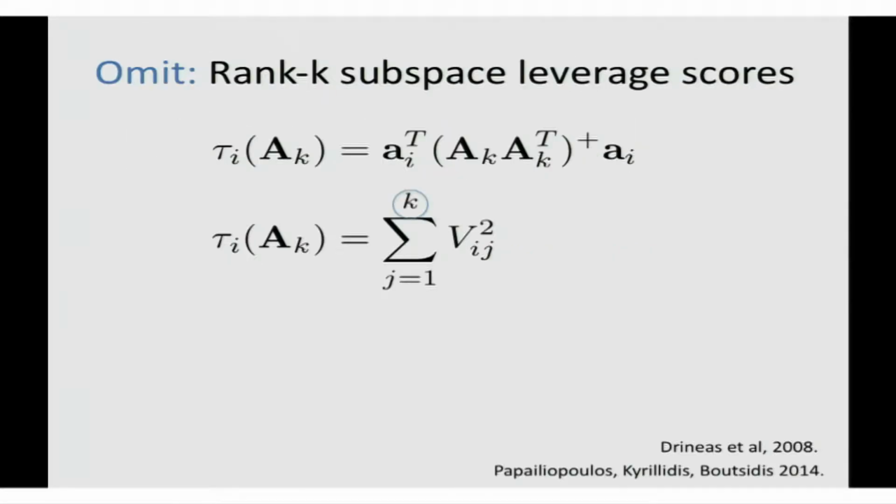If you omit them, then you're calculating a rank k subspace leverage score, introduced by these folks here. There, when you are calculating the distances with respect to your Euclidean semi-norm, instead of using your full data matrix A, you are using its rank k approximation.